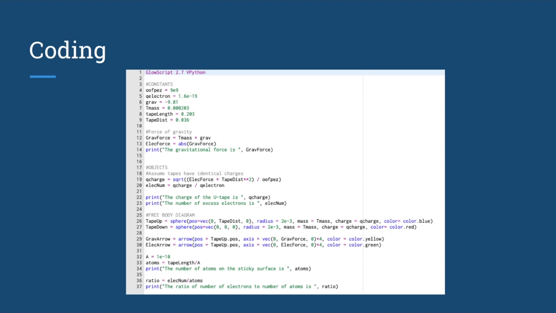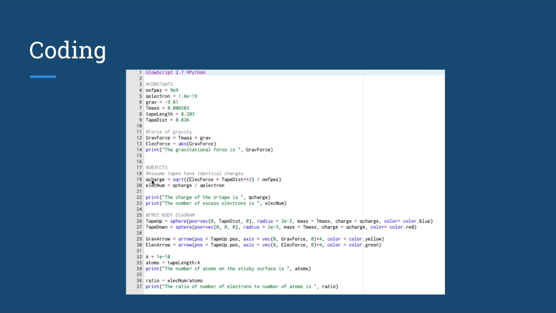Here is the coding section. First I start with all my constants and the mass, used from the assumption that mass is 1 gram per meter from my tape length, and then I found the distance between the two U-tapes. Next, I used the gravitational force, which is mass times the acceleration of gravity, and the electrostatic force is just the absolute value of that.